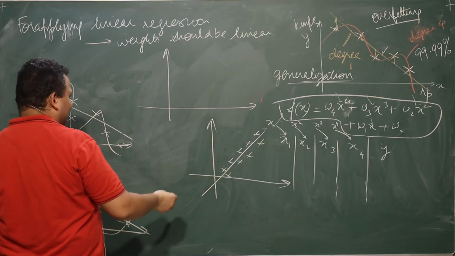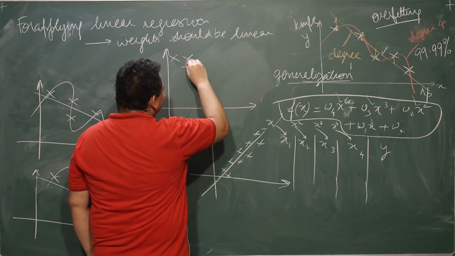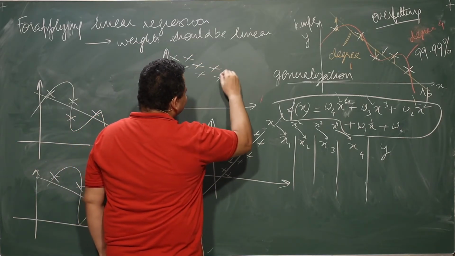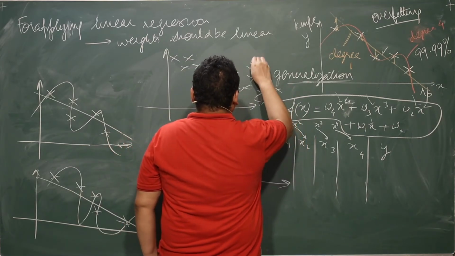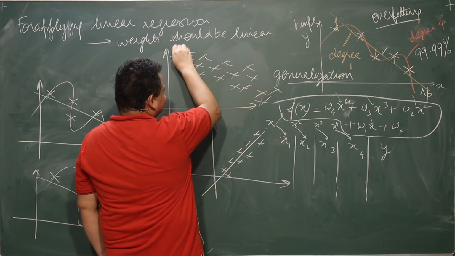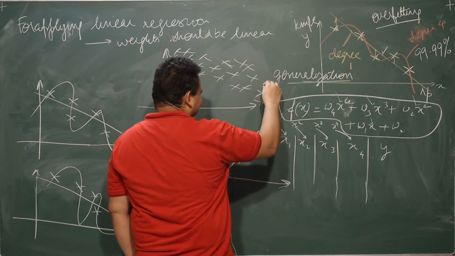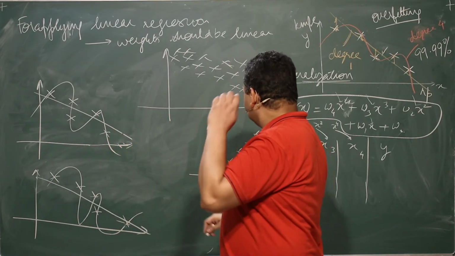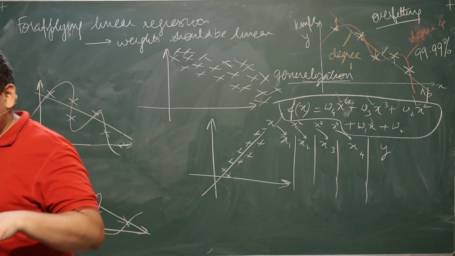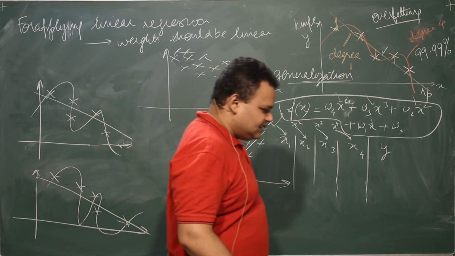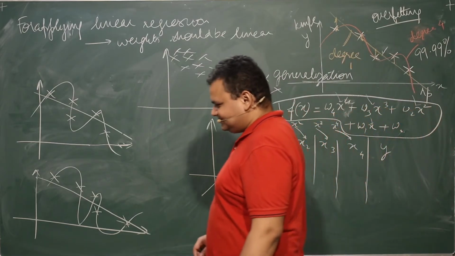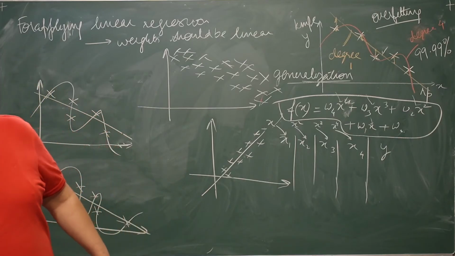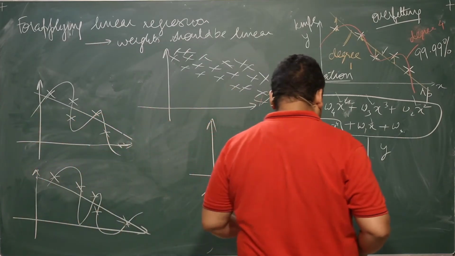Okay, so if you had this many data points, then what happens in this case? Using a straight line, can you fit a straight line through this?